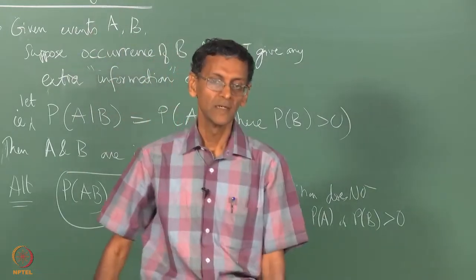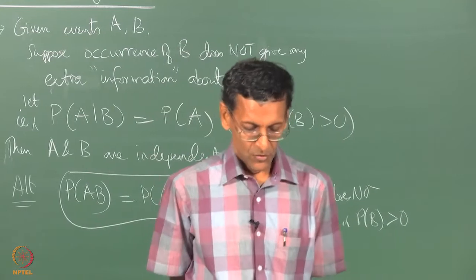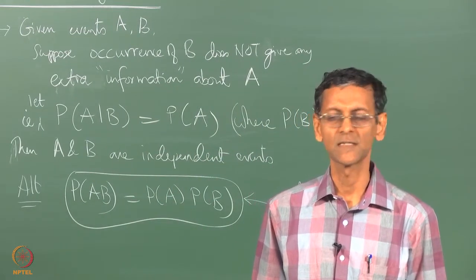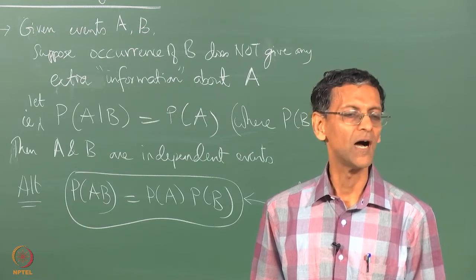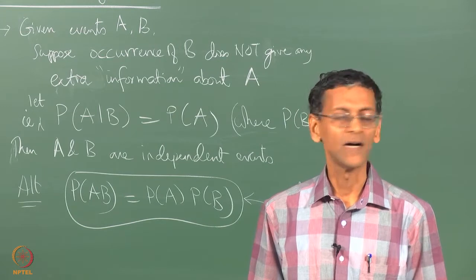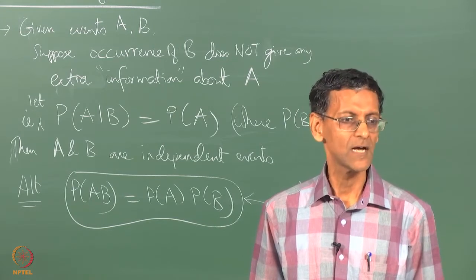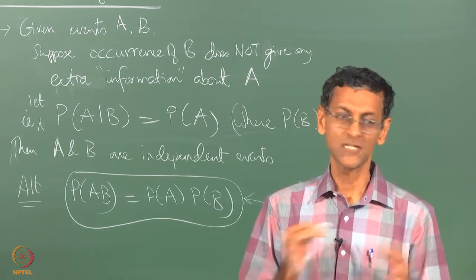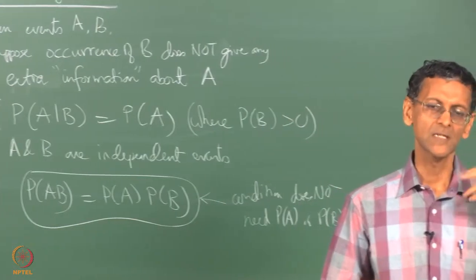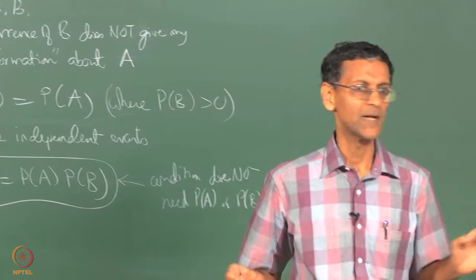Then you say that the events are independent. Now there is a common misconception that independence is somehow the same as mutually exclusive or disjoint. For some reason this myth or false conception is prevalent in many beginners, so we have to dispel that right up front.